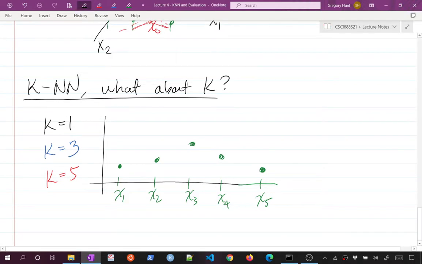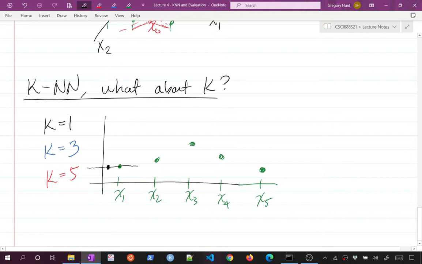what's going to happen is that I'm going to draw out what f hat would look like. If I'm closest to x1 here, so if I had a point here, the closest neighbor is x1, and so the value I'm going to predict is whatever the y value for x1 is, so it's at this level. And that's going to be true everywhere near x1.